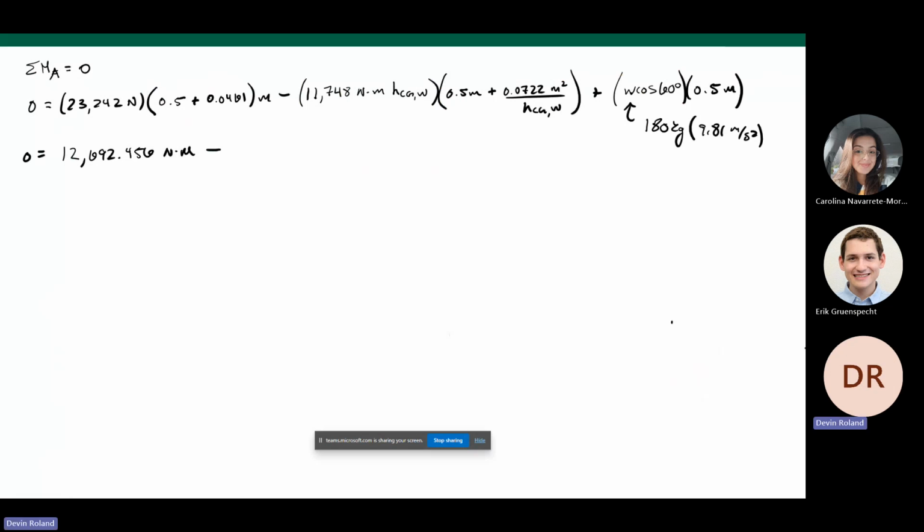The second term is going to break down a little bit. I'm just going to distribute that second term, and so that's going to go to 5874 HCGW plus 848.2.